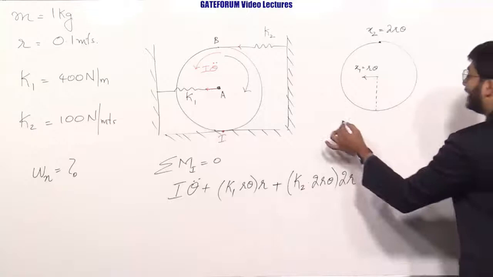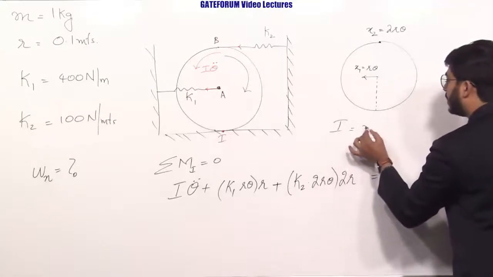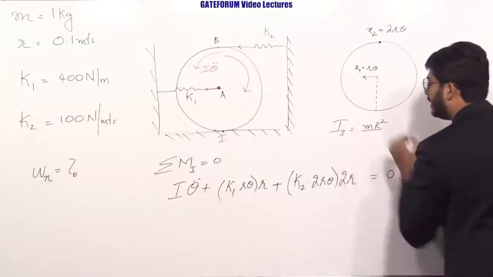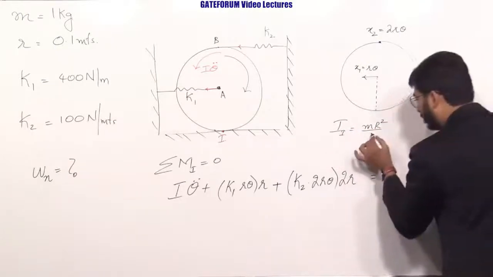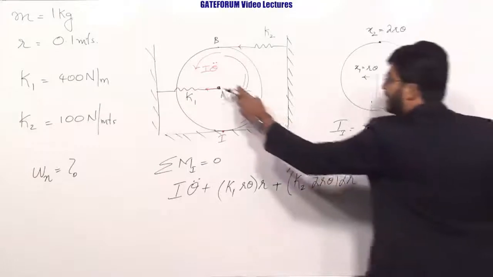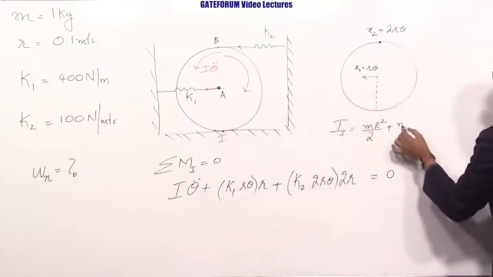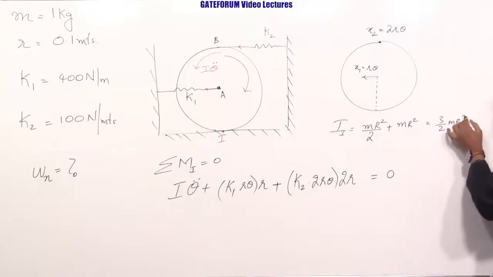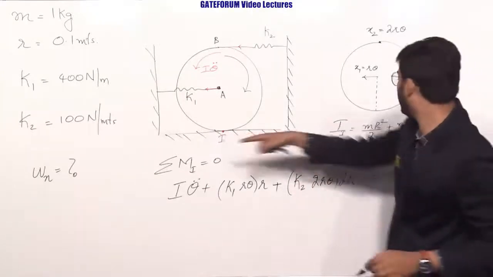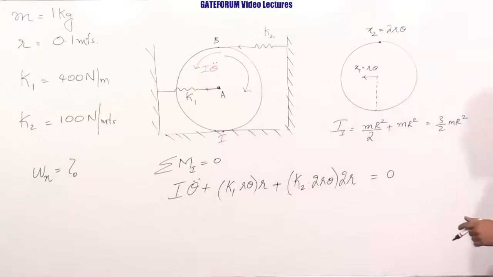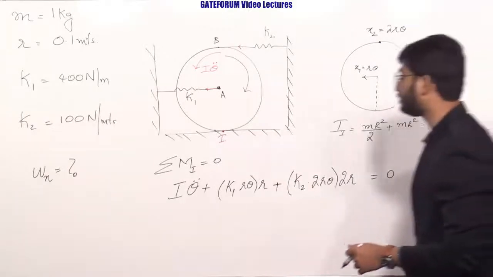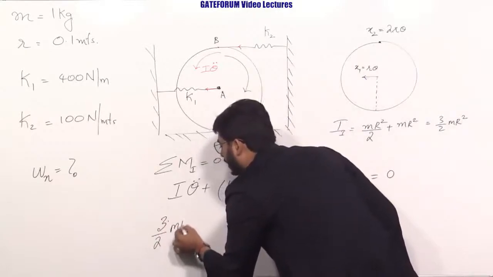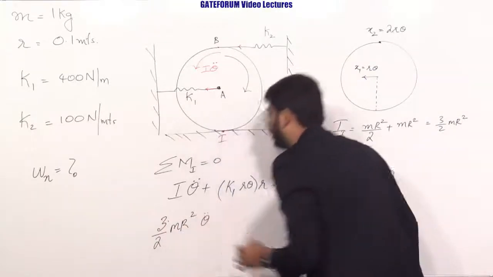I about the instantaneous center is mr square by 2, which is about the centroid, plus m into r square, that is equal to 3 by 2 times mr square. Moment of inertia about point I is 3 by 2 times mr square, so this will be 3 by 2 times mr square into theta double dot.